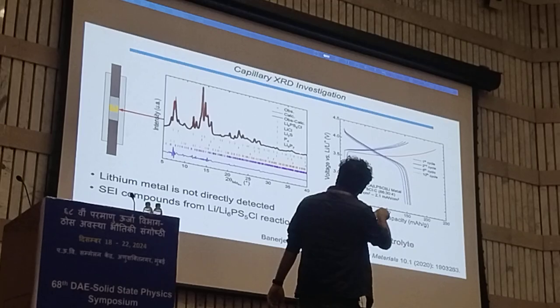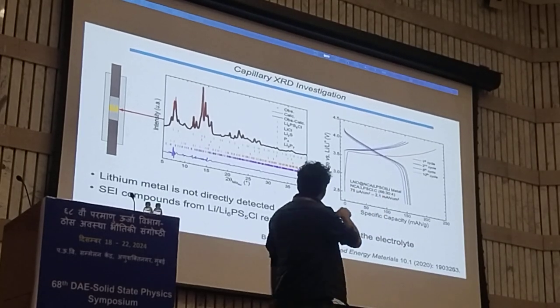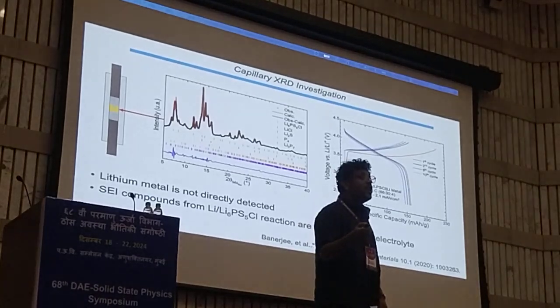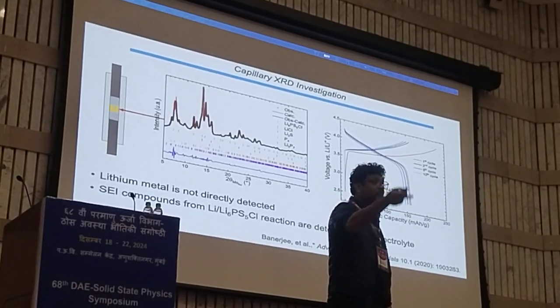We have a lot of different peaks there in the shorted cell. And these peaks, from these elements and materials, will only form when the lithium dendrite forms and reacts with the solid electrolyte.